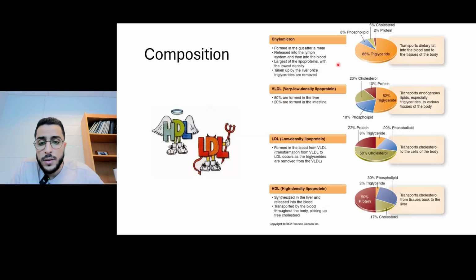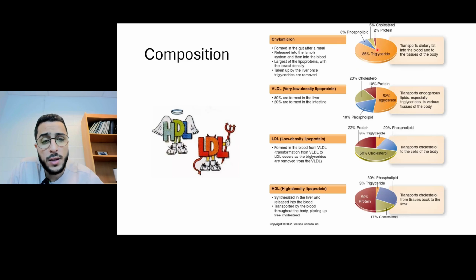In this case these are just the compositions of each one of them. I don't need you to remember this by heart, but it's just to show you that as this shuttle travels through the body and is transformed from kilomicron to VLDL to LDL and whatnot, their composition will change. And their composition is representative of what happens to them.